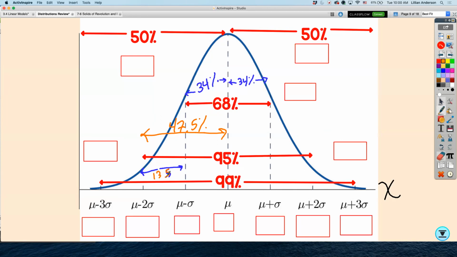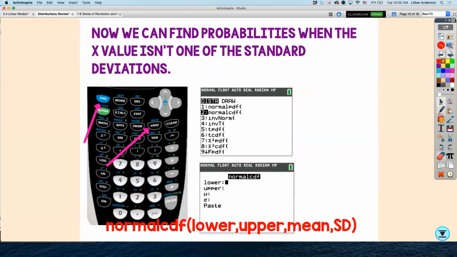It's always good to know those, just in case it was like a write down problem, something very short, something very easy. But a majority of our normal distribution problems did not lie on a standard deviation. They actually lied outside of a standard deviation, so we had to use our calculator. We found a majority of our normal distributions using our calculator. We still use the second bars, okay? That's where all the distributions lie, not just binomial distribution, but normal distribution as well. And we always use normal CDF.